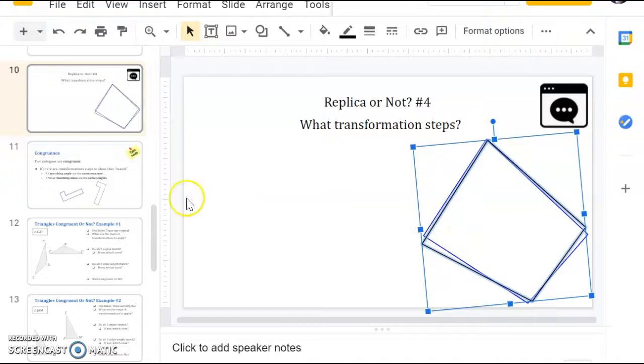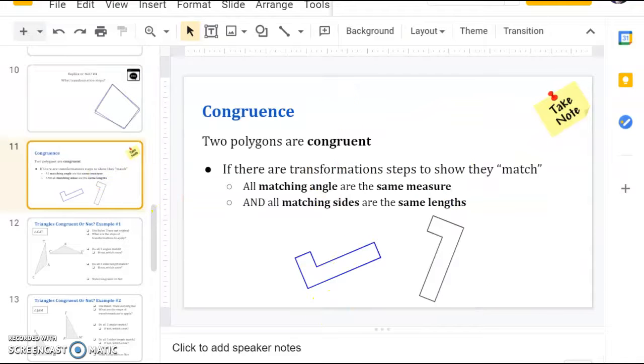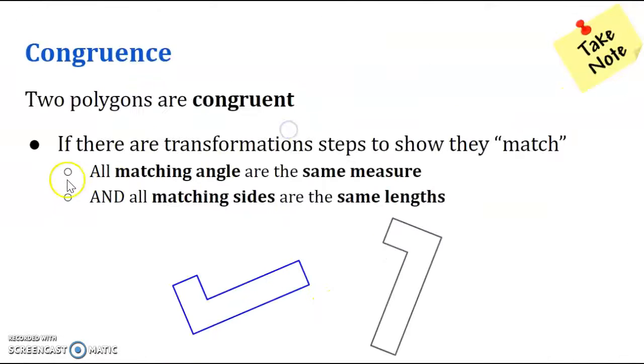When we're talking about congruent, everything needs to match up. So you're taking notes now. Congruence: two polygons are congruent, two shapes are congruent, if there are transformation steps to show that they match, and all matching angles are the same measure, and all matching sides are the same length.